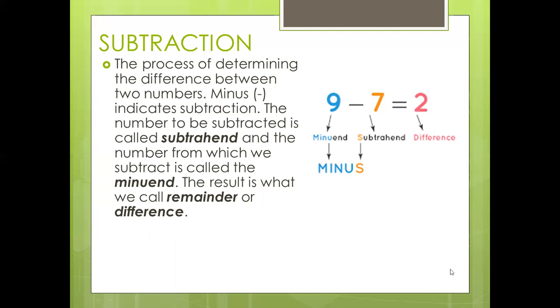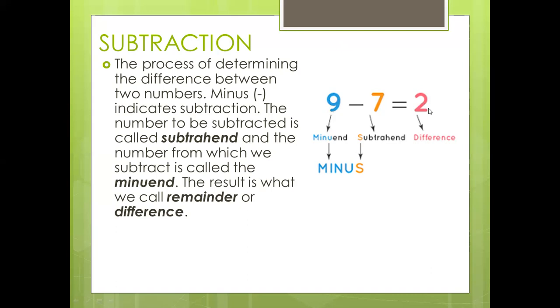So we have here an example. We have 9 and 7. So when we subtract 9 and 7, the answer is 2. But how do we say it in mathematical terms? So we have 9, which is the minuend. We have minus, which is the subtraction sign, and 7, which is the subtrahend. So we have 9 minus 7 is equals to 2.